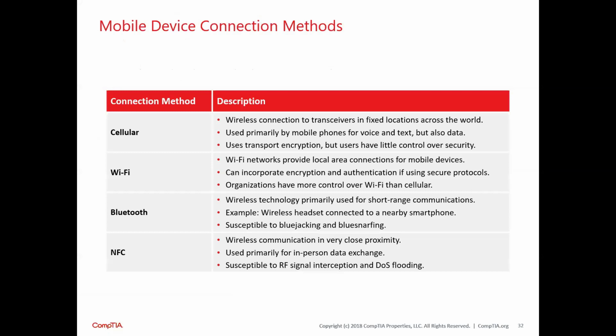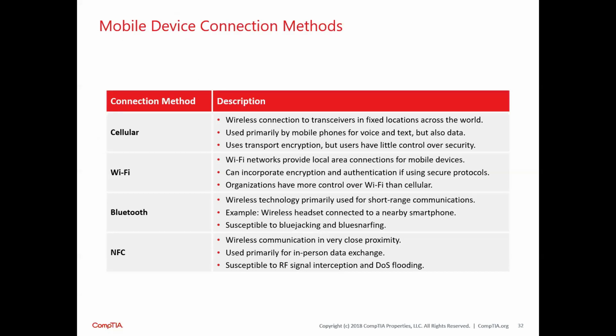Other than that, we have mobile device connection methods. You know about cellular, which is GSM. Then Wi-Fi, Bluetooth, then NFC. I'm pretty sure that you are quite familiar with these connection methods, so if you have any question, let me know.